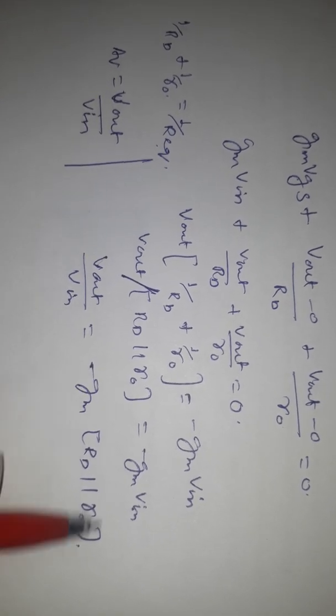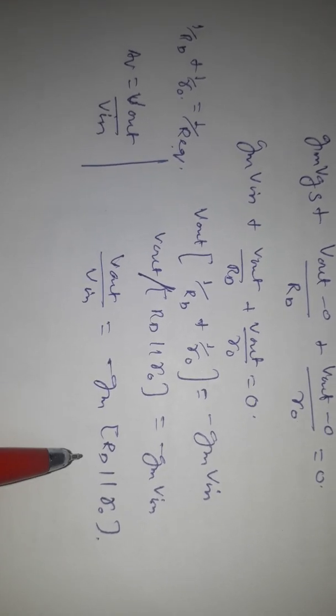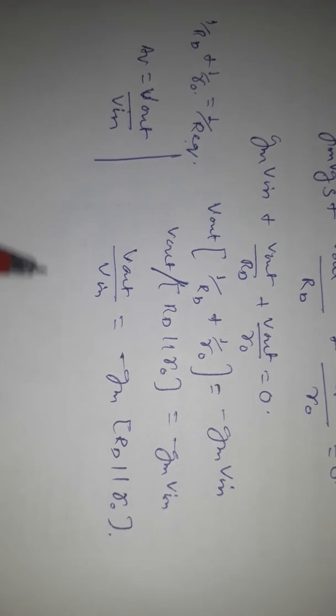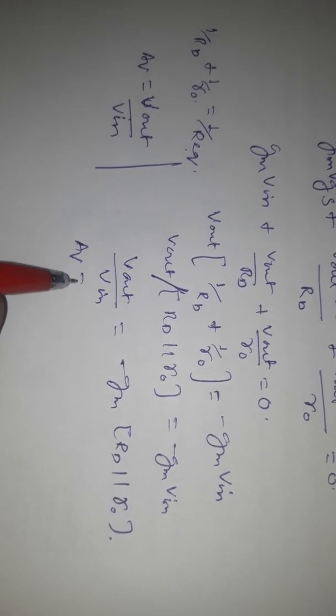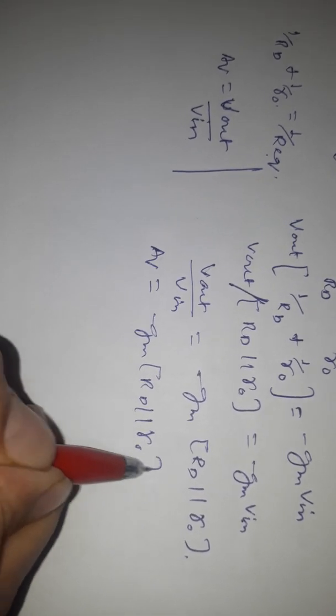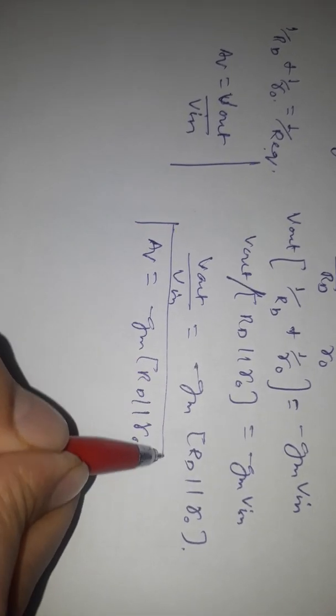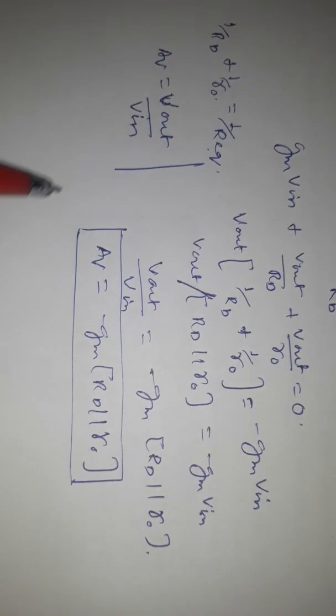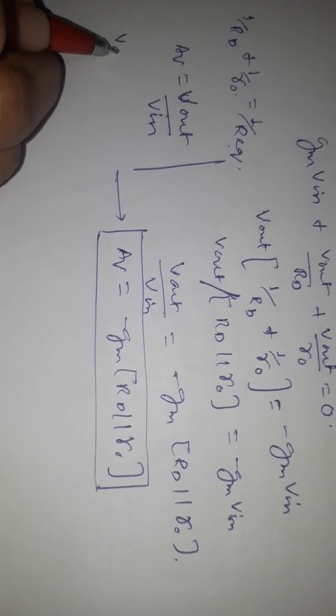Okay, we will multiply this at the right hand side with the gm. So the voltage gain is equal to minus gm RD parallel with R0. This is the voltage gain.